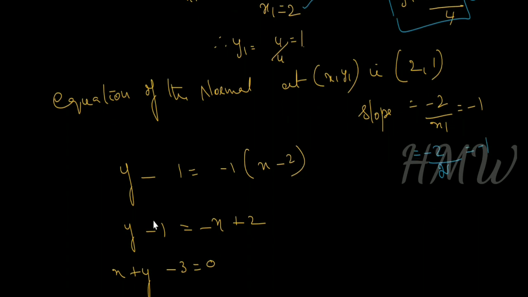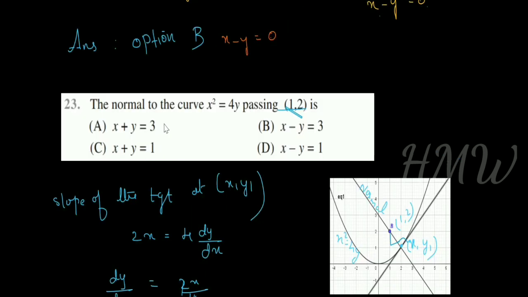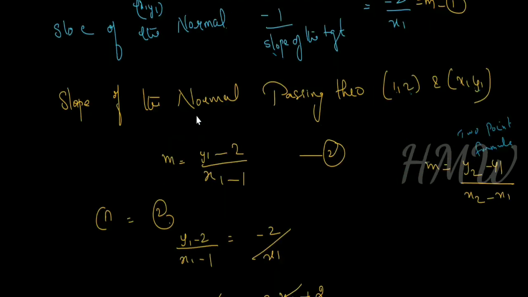So substitute now. The equation is y minus y1 is m into x minus x1. So y minus 1 is equal to minus 1 times x minus 2. So y minus 1 is equal to minus x plus 2. So x plus y is equal to 3. So A is the answer: x plus y is equal to 3.